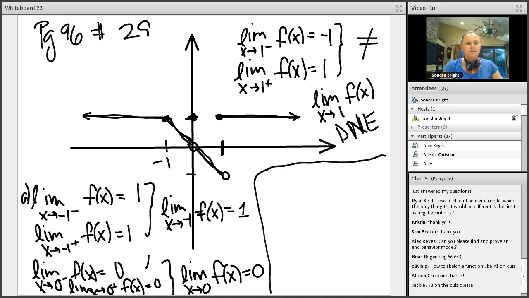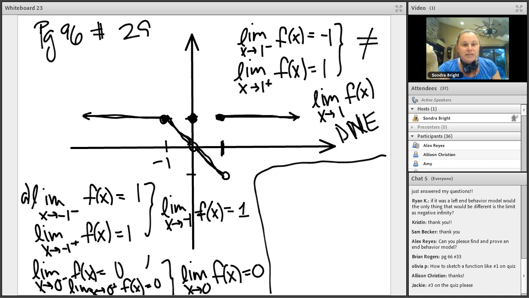So at x equals -1, you need a y value, there's a closed dot there, and at x equals 0 you need an actual y value. At -1 my y value is 1, at 0 your y value is 1, and when x is 1, your y value is actually 1. So the function is defined at all three of these points, and it satisfies that part of the definition.